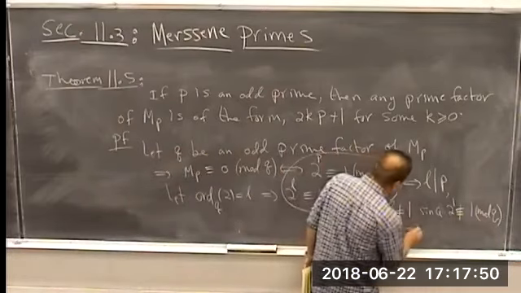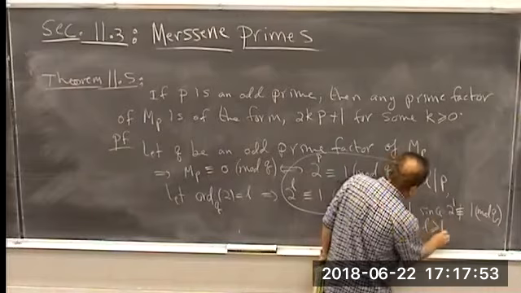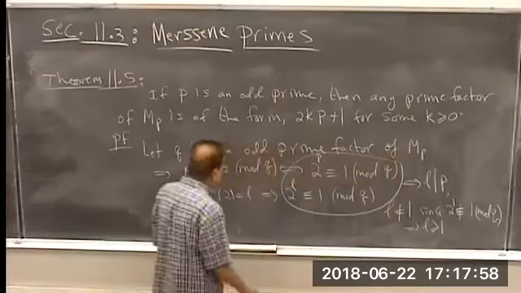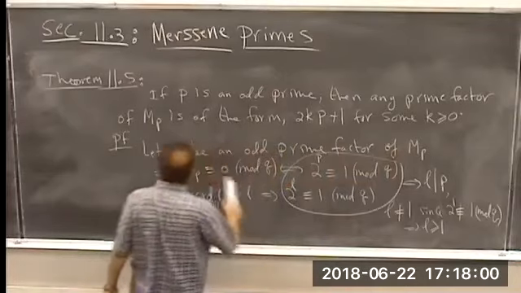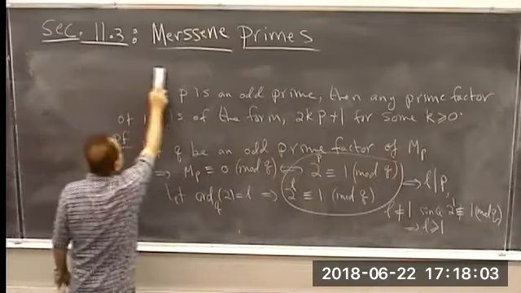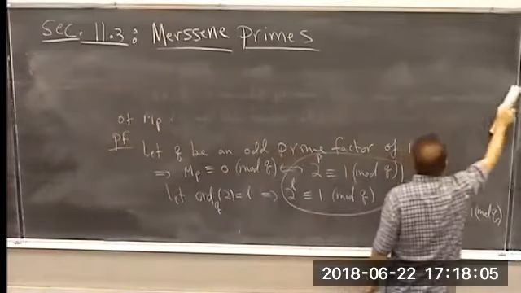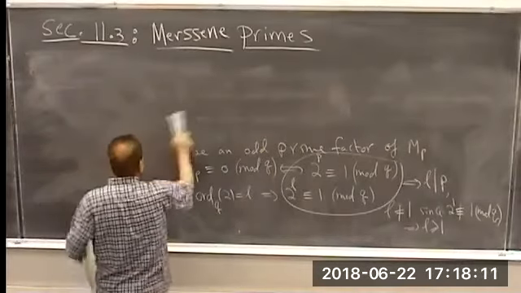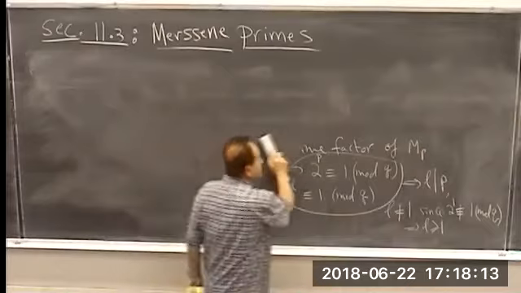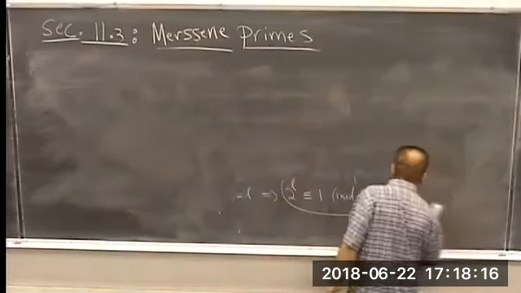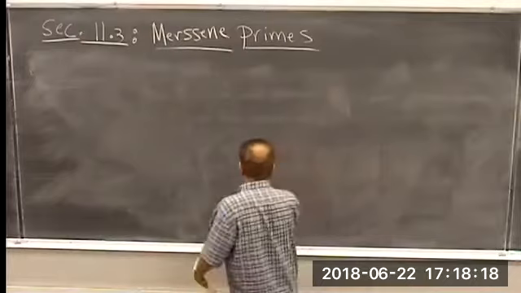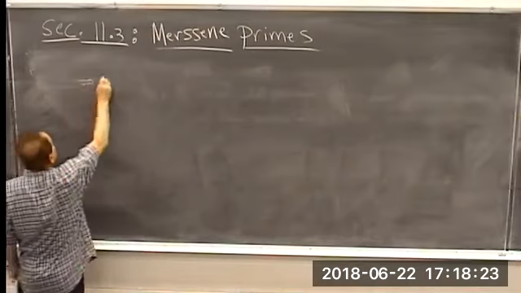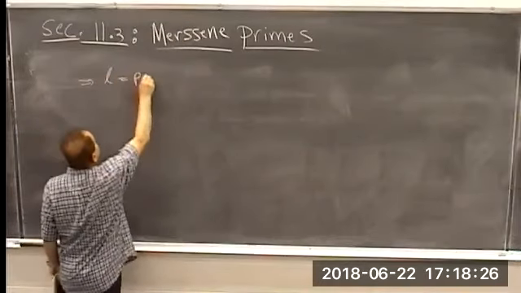This means that L must be bigger than 1, and since L divides P, it means that actually L is equal to P. All right? So from all of this, we conclude that L is equal to P.